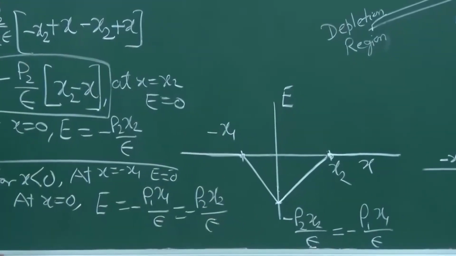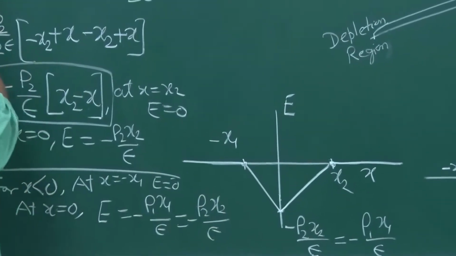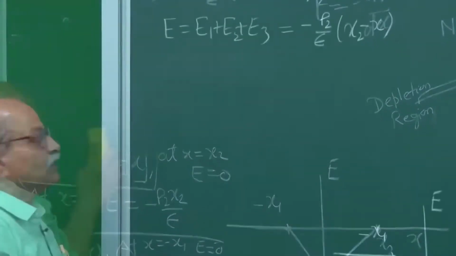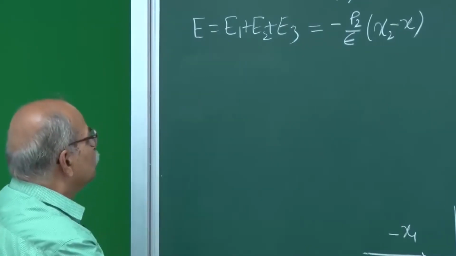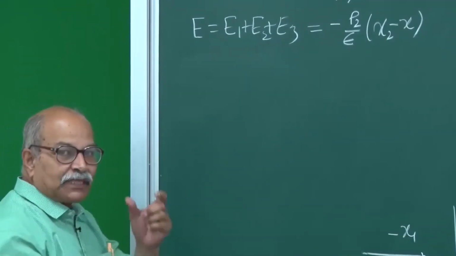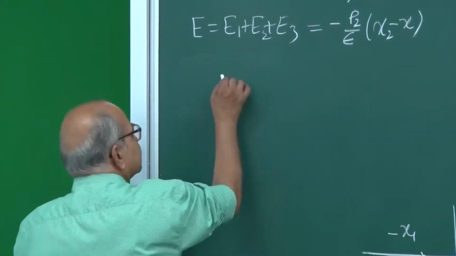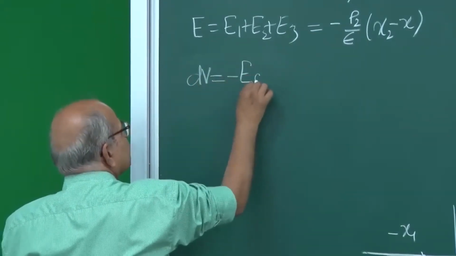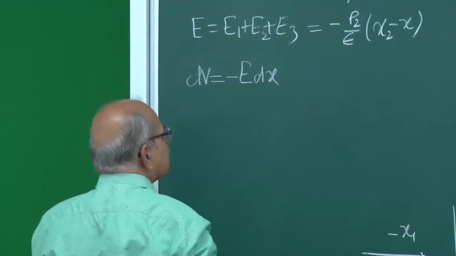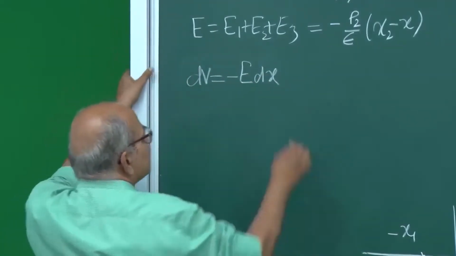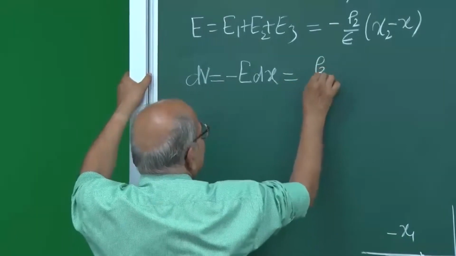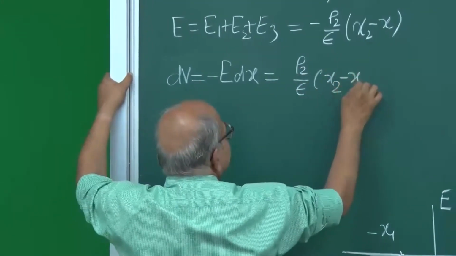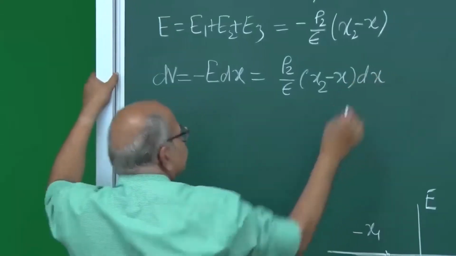Okay, so now let me erase the other parts. You know the basic definition of a potential difference. dV is equal to minus E dx for the one dimensional case, and so here it will be rho 2 over epsilon and then x2 minus x and dx.